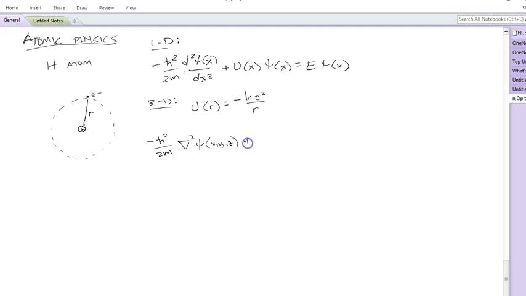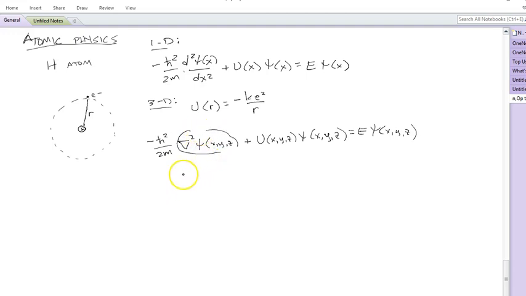And then we would have plus this u, which we could write as a function of x, y, z, times psi of x, y, z, equals a constant E times psi, which is a function of x, y, z.